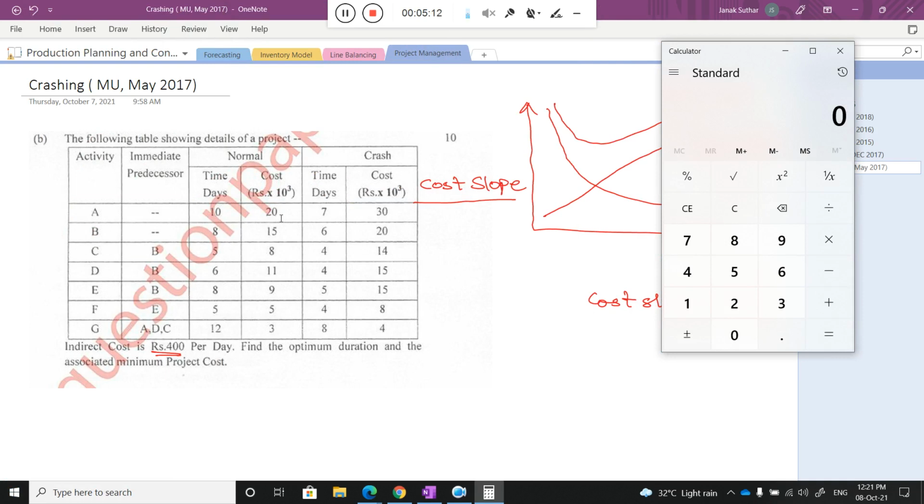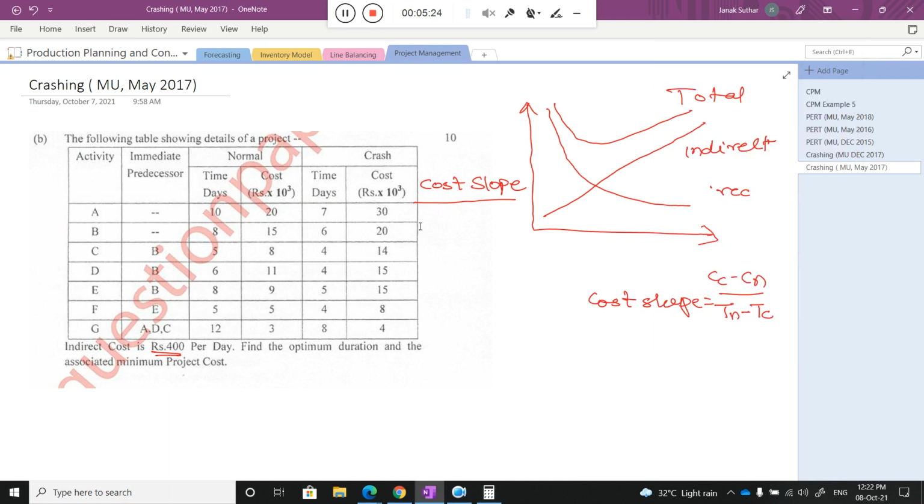Can you calculate? It is 3,333.33. Okay, 3,333.